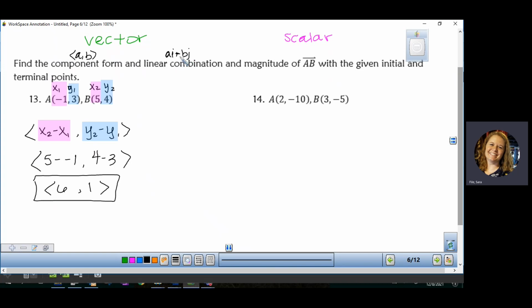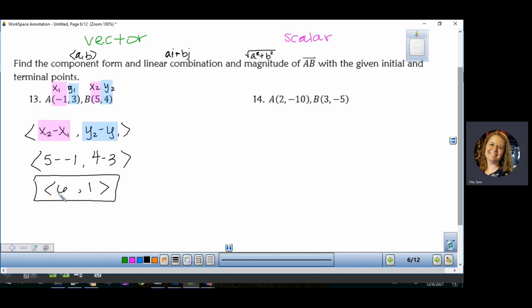So that's linear combination of i and j. And then remember, magnitude is found by doing the square root of a squared plus b squared, the horizontal and vertical components. Or you can do distance formula. You can draw it as a triangle and do Pythagorean theorem. There's multiple ways to get your magnitude.